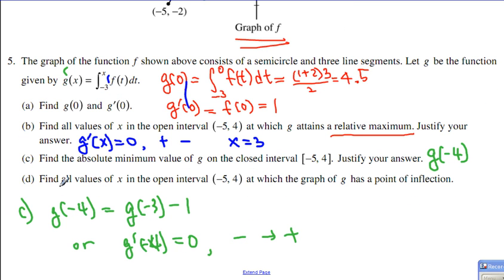Now, number D. Find all values of x in the open interval where g has a point of inflection.